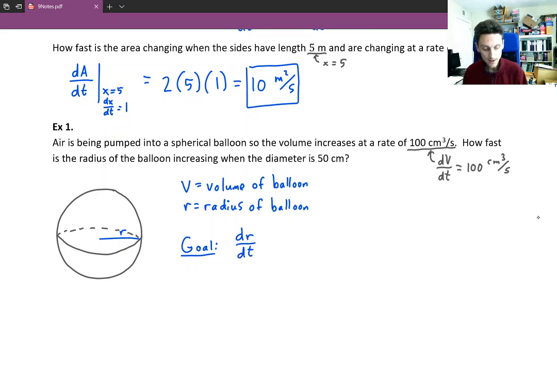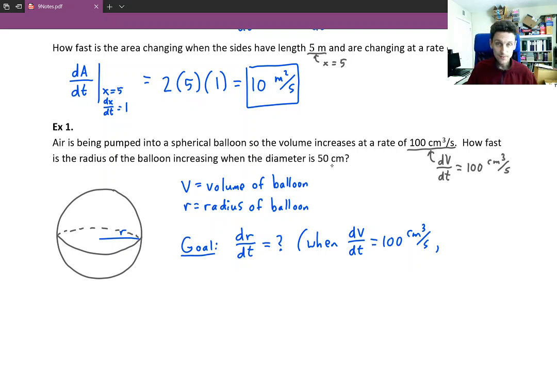In other words, dr/dt. So we want to know what is that when, as we said above, dV/dt is 100 cubic centimeters per second, and when the diameter is 50 centimeters.